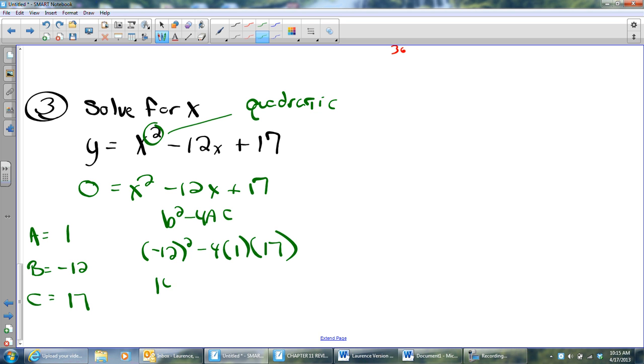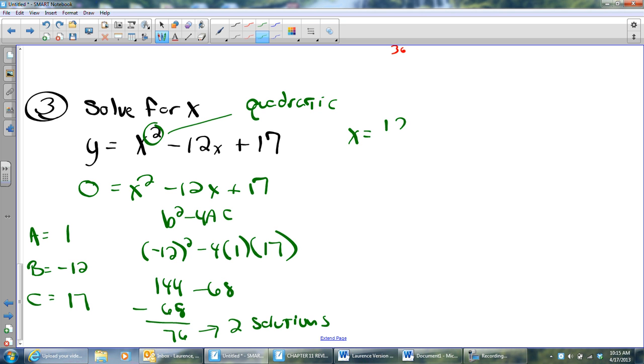And so that'll be 144 minus 68. All right, so 144 minus 68, 76, I think. Yeah, that looks right, 76. So there's going to be 2 solutions.